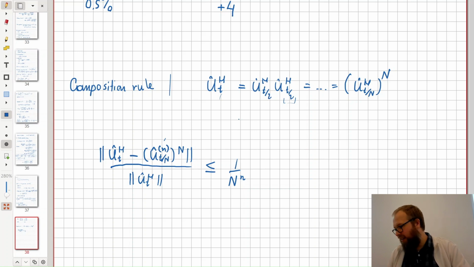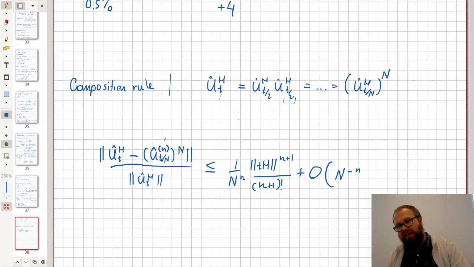So capital N to the power small n, n plus 1, n plus 1 factorial, plus something of order n minus n. Let's call this the error of just one slice. So this is the magnitude.